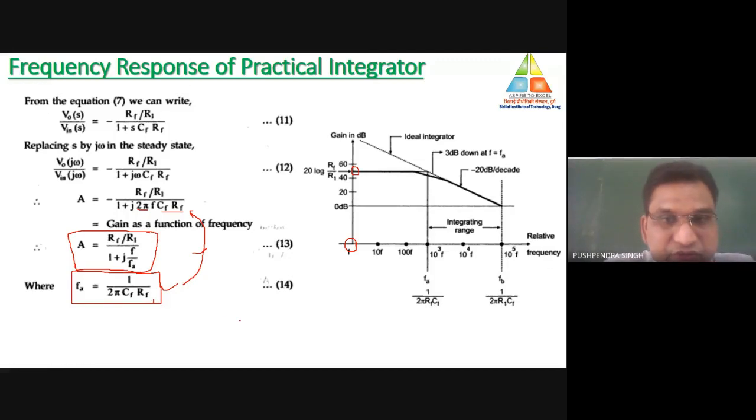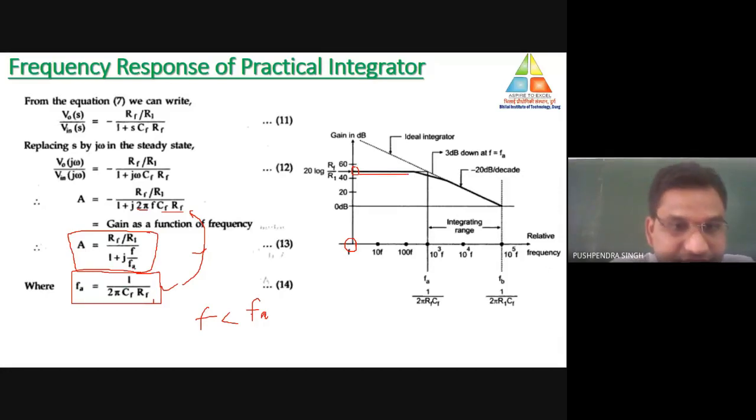Now, when the value of frequency F is less than FA, on that condition also the value of gain is constant. Why?